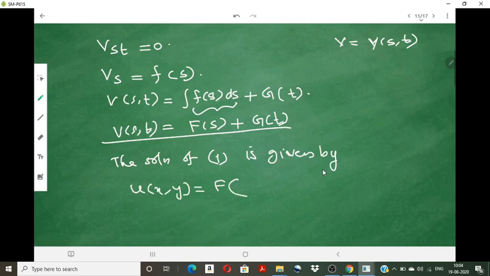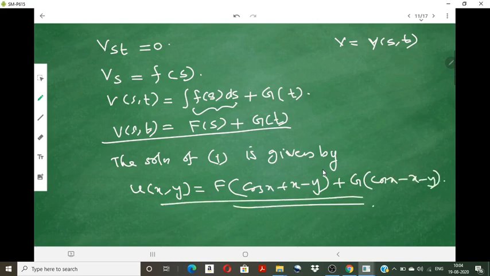S was cos x plus x minus y, plus G of T. What is T? T is cos x minus y. So this is the required solution, that is the solution of equation number 1.